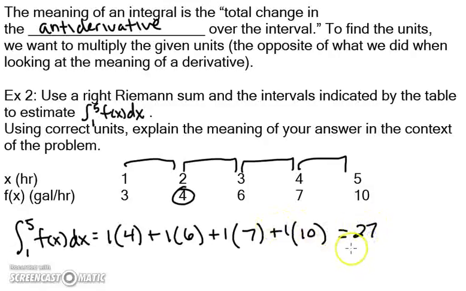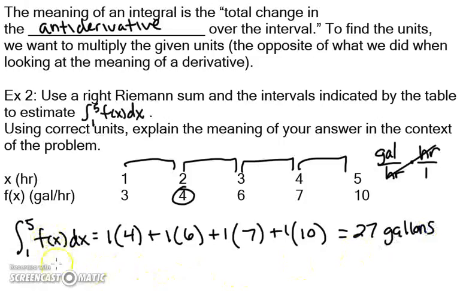Now our units, again, we're going to multiply our units that we were given. So we had gallons per hour and hour. So if we have gallons per hour multiplied by hours, which is really like hours over 1, our hours are going to cancel out and we're going to get gallons.